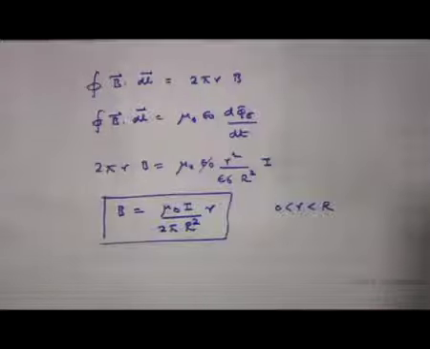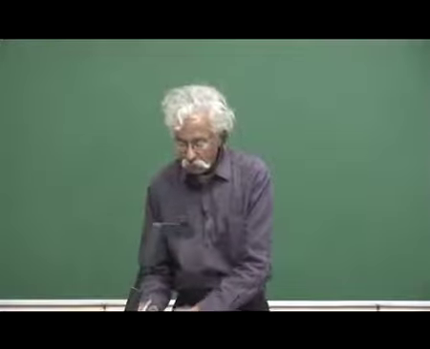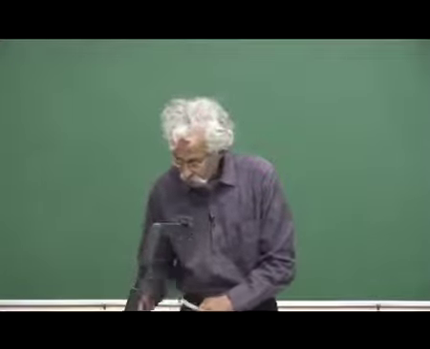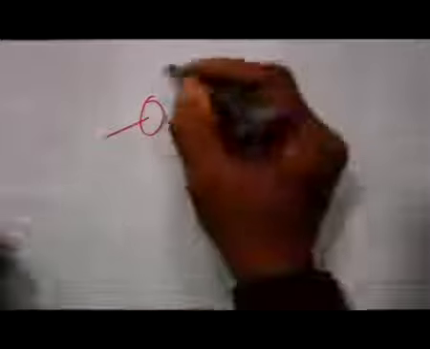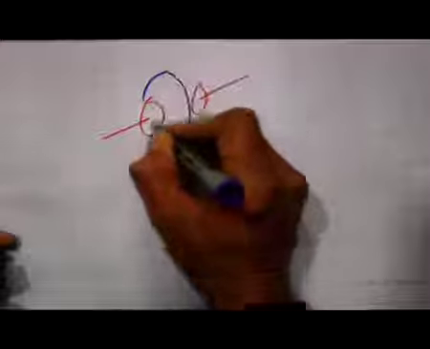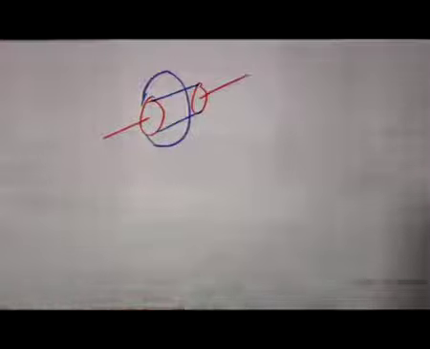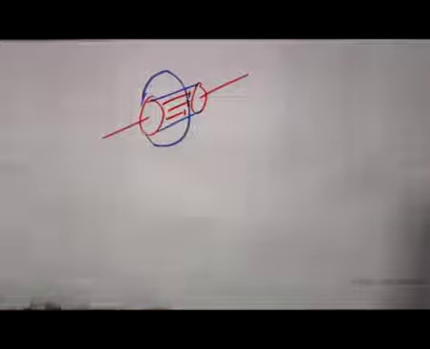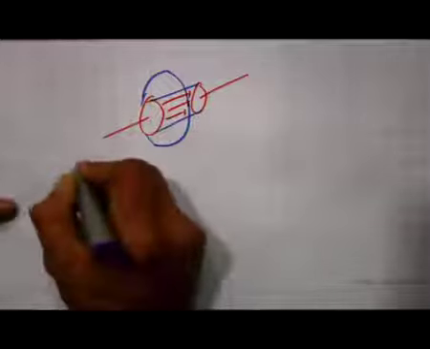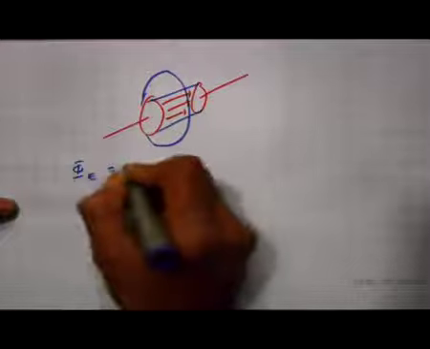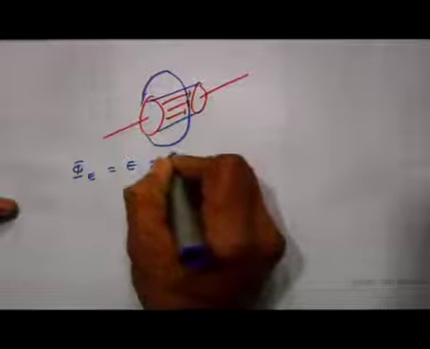Similarly, I can calculate the magnetic field outside the plates of the capacitor. So, if I draw the figure again, I have the capacitor plate like this. Now, my loop is outside the plates of the capacitor, but the electric field only exists in this region. So, phi e, the electrical flux, becomes E into pi R square.